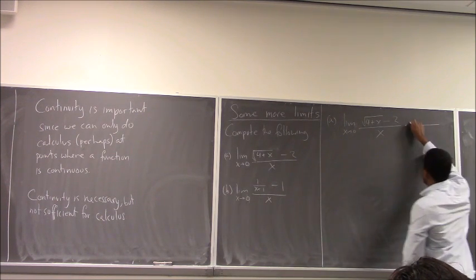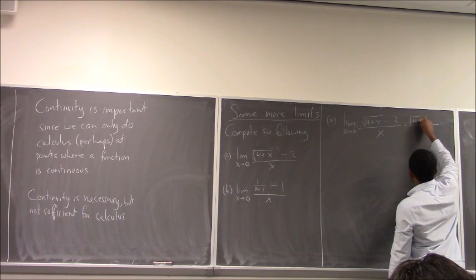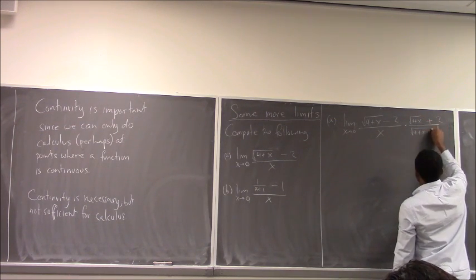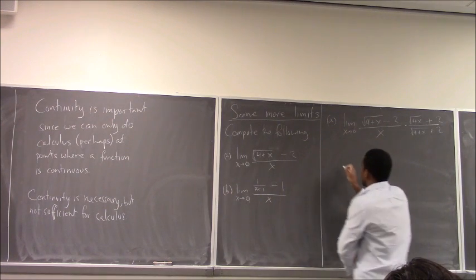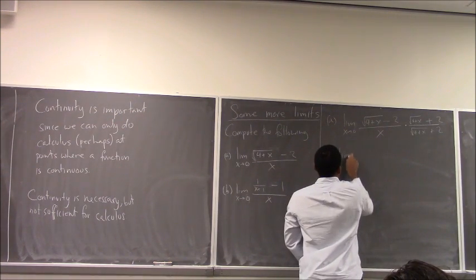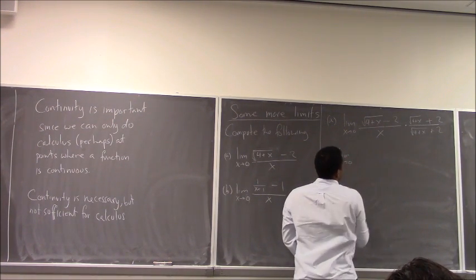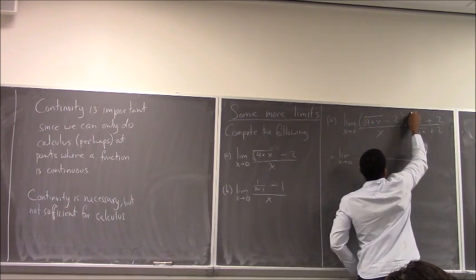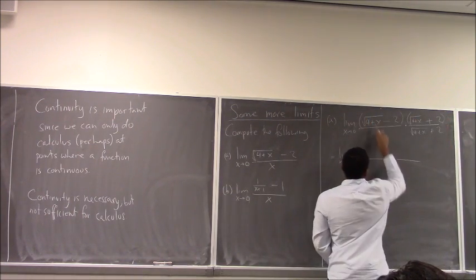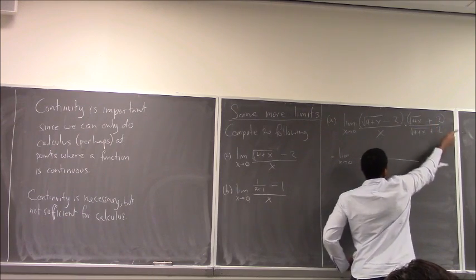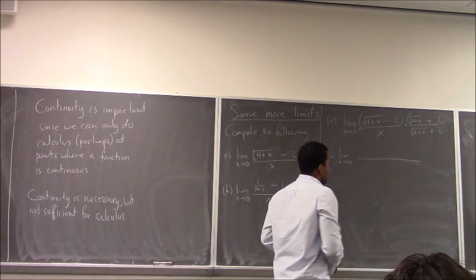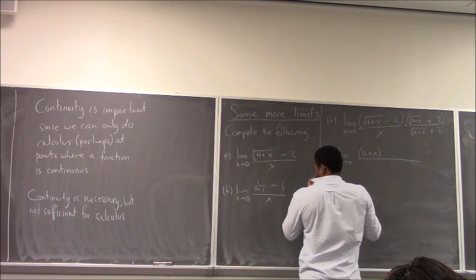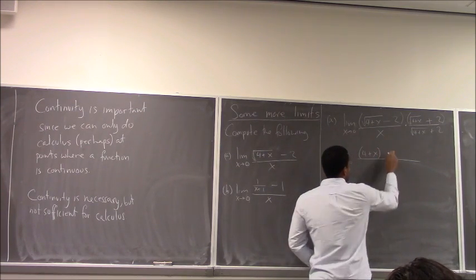So we can multiply and divide by square root of 4 plus x plus 2. So let's actually see what that gives us. In the numerator, we have this times that, which is like your a minus b times your a plus b, and we know that gives us a squared minus b squared.